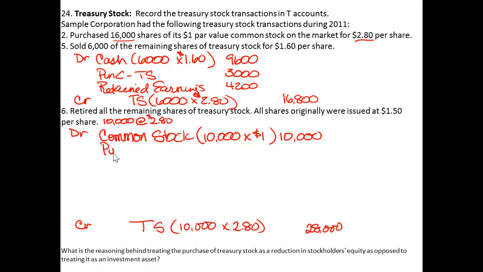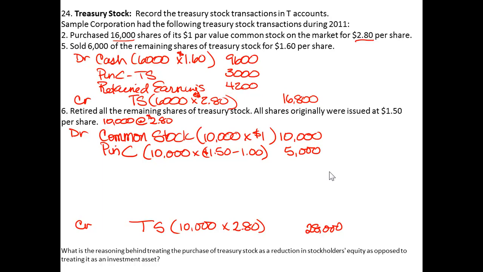We also need to get rid of its initial paid-in capital. And so when we had that IPO, we initially sold those 10,000 shares at $1.50 a share. So we sold it for 50 cents above its par value. So I need to eliminate that initial paid-in capital because we're retiring the stock from that IPO.